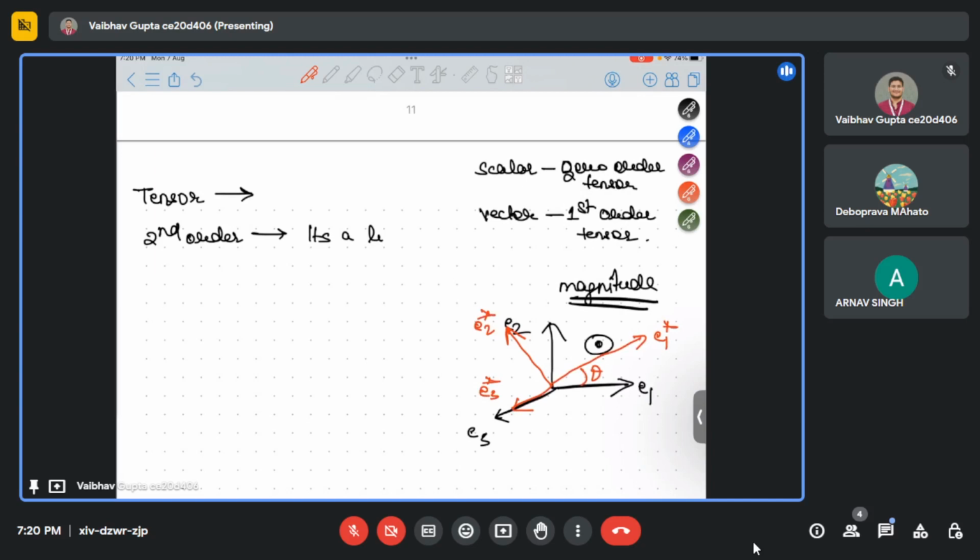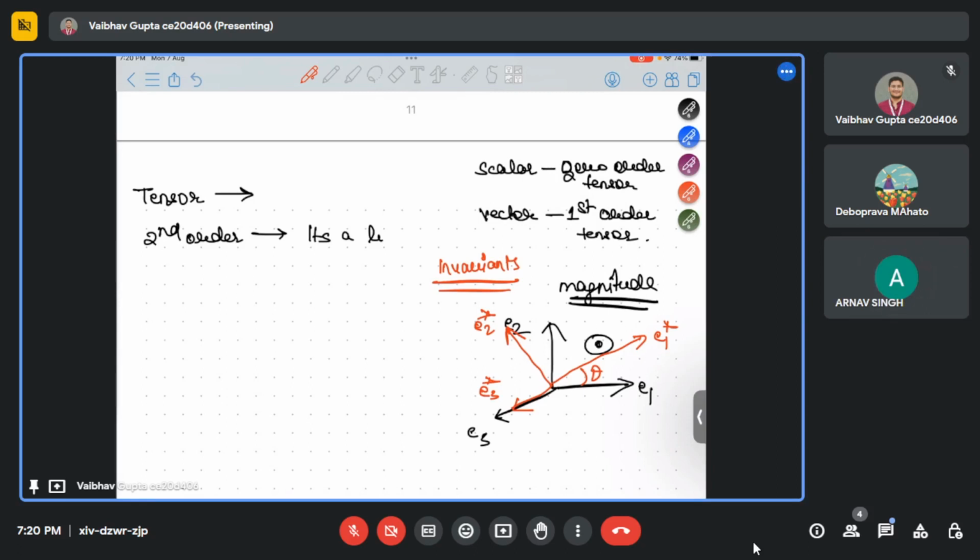So what thing will not change? In terms of scalar, magnitude will not change. These things are called invariants. Invariants are those things which are independent of the Cartesian coordinate system. You are getting? Yes, sir.